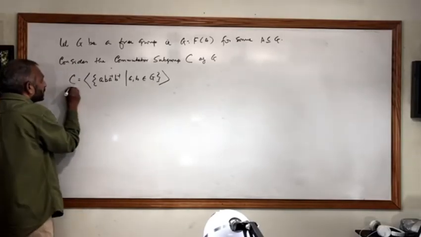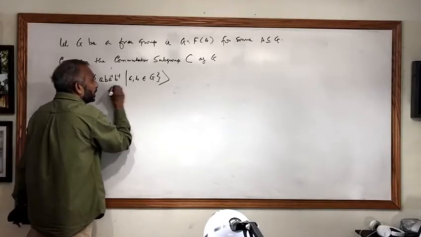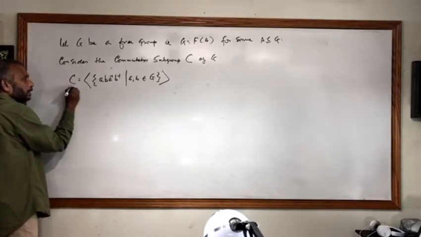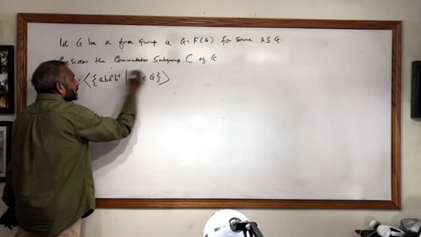So this is the subgroup generated by these commutators, meaning the smallest subgroup containing these commutators.